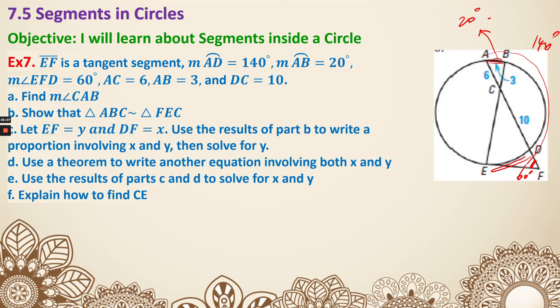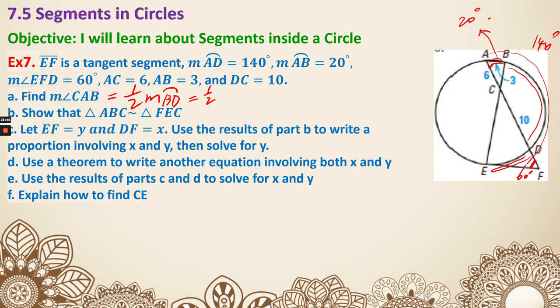You couldn't tell, CAB is right here. And the arc that angle is facing is arc BD. So the measurement of angle CAB is 1/2 the measurement of arc BD. And BD is basically AD minus AB.